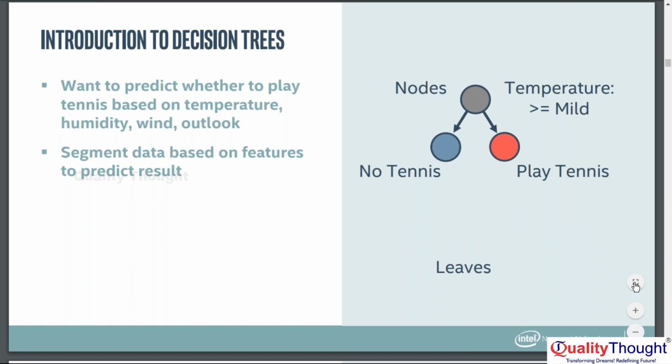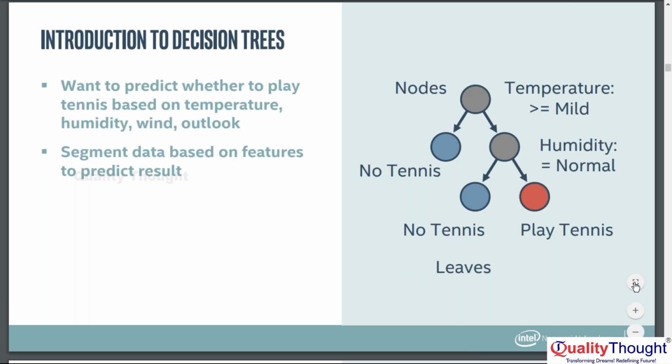Now we have one more: the humidity. If the temperature is greater than or equal to mild, it is acceptable, and we avoid the no-tennis outcome, but then we need to consider the humidity. Is it normal or not? Based on that, you again need to decide whether to play tennis or not.